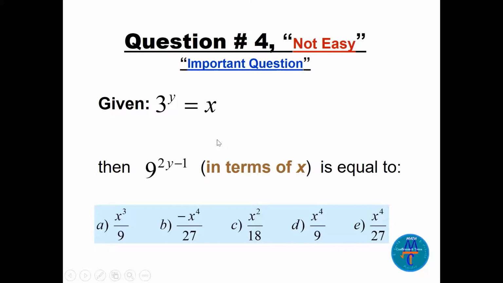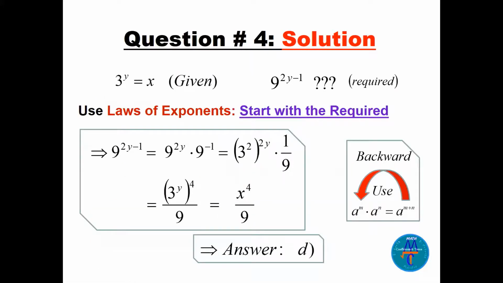Now, let me show you. This is the given. See, this is the given, as I mentioned. This is the required. So I start with the required. I write it down. So 9 to the power 2y minus 1, I split it into multiplication. See the 2y on the power, minus 1 on the power. I use this formula here.